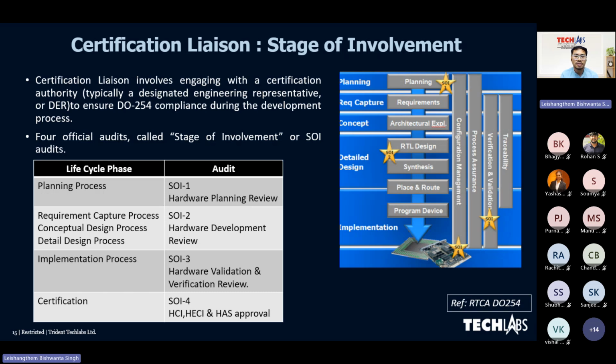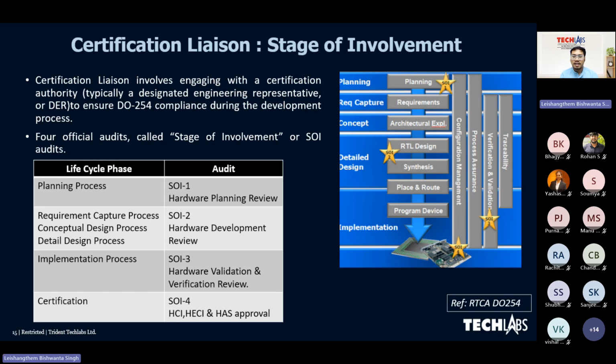Once this is approved, your design for the complex electronic hardware is certified with DO-254. So that's the end of the story about the DO-254 process. On the left side, you can see we have the planning process, requirement, architectural design, RTL design, synthesis, place and route, and the programming of the FPGA. And then you have the SOIs here also, 1, 2, 3, and 4.